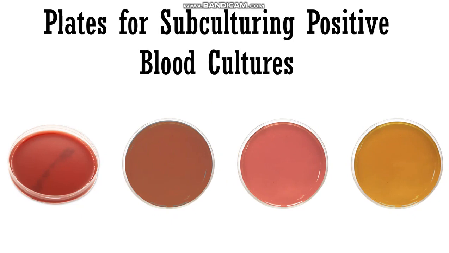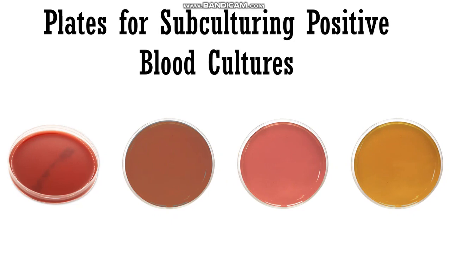Finally, saccharose dextrose agar, as you can see here, will be used to recover fungi and yeasts, especially Candida species, which are important bloodstream pathogens in immune-compromised or critically ill patients.